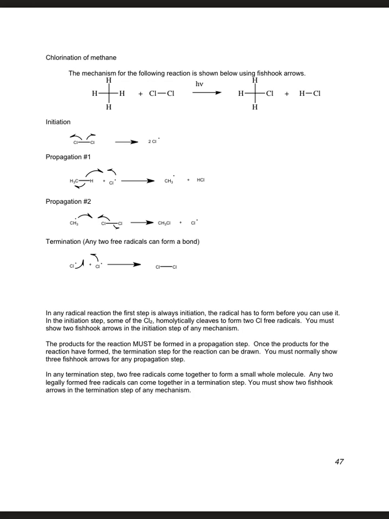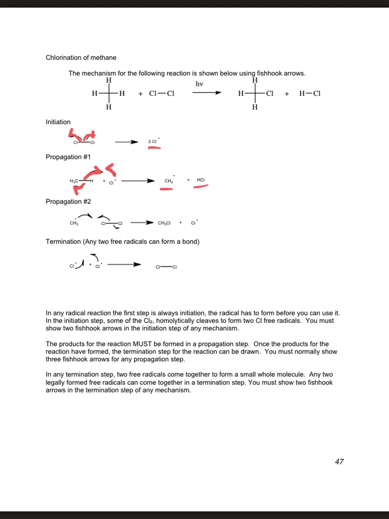So here we have methane. Can we draw the mechanism for the chlorination of methane? So we have the initiation where the chlorine bond splits apart. We form two Cl radicals. The chlorine radical abstracts a hydrogen off of the methane, so we get HCl and the new methyl radical.